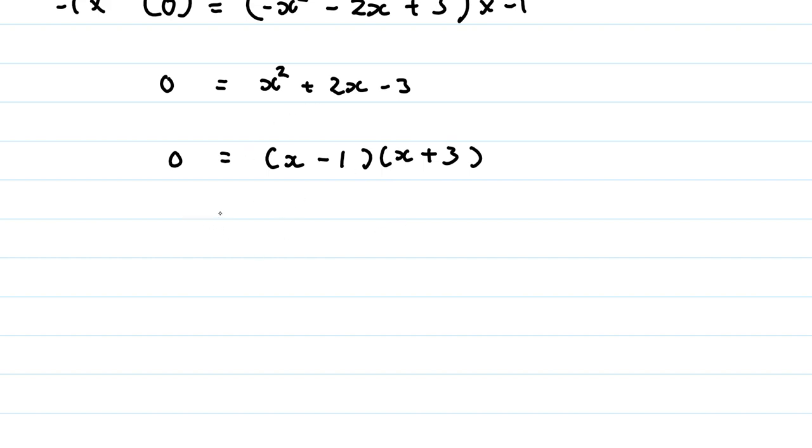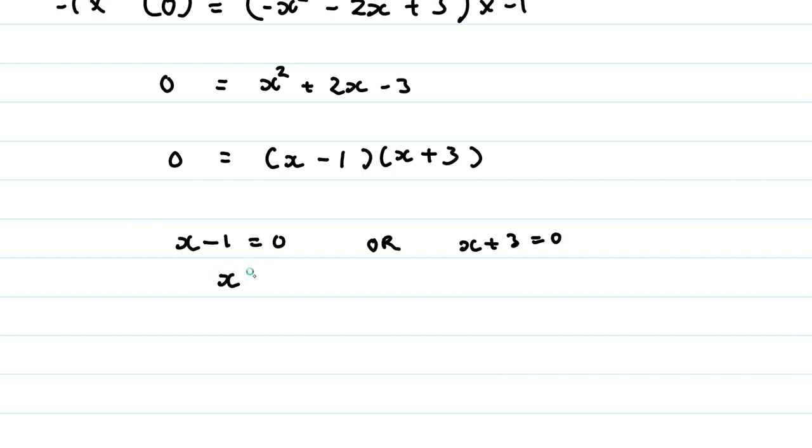What we do from here is we take this bracket and this bracket and separate them. We say x minus 1 is equal to 0, or x plus 3 is equal to 0. Now we have to solve for x. We take everything to the other side and remain with x.